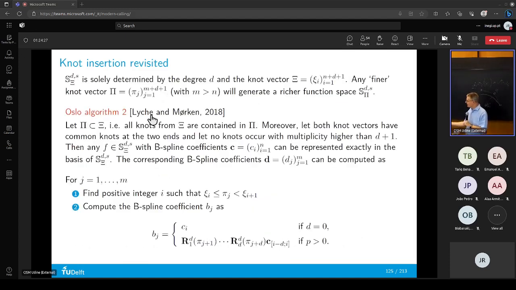We can do that by finding, for each knot from the finer knot vector, the span in which it lies in the old one. Then we compute the coefficients for that particular B-spline function like this. Either we just take the old coefficients, if it's piecewise constant, or otherwise, this looks very much like this chain of R matrices.